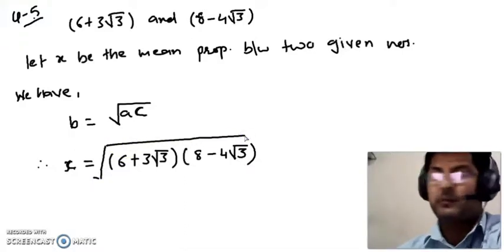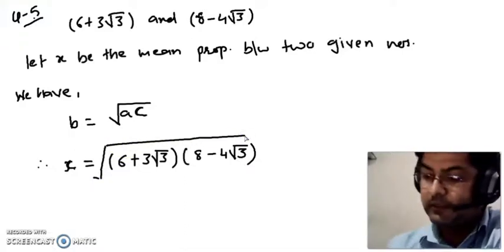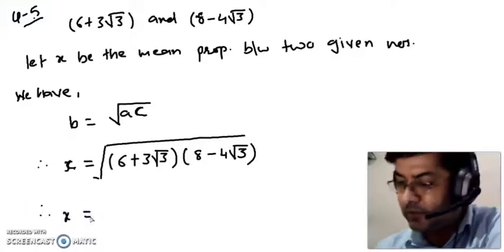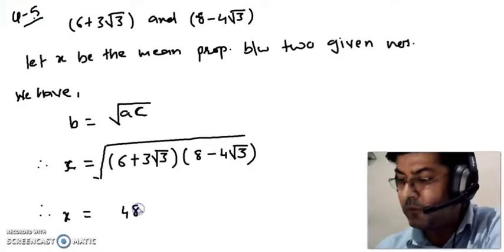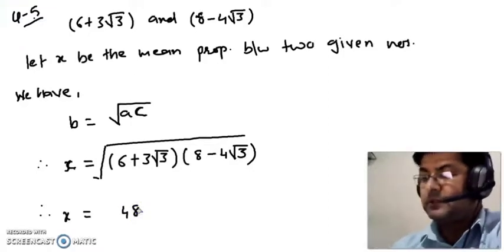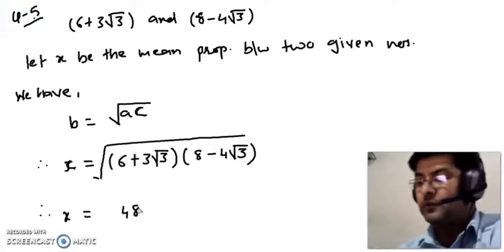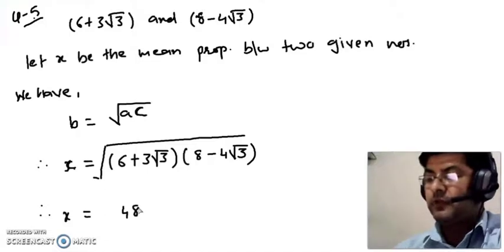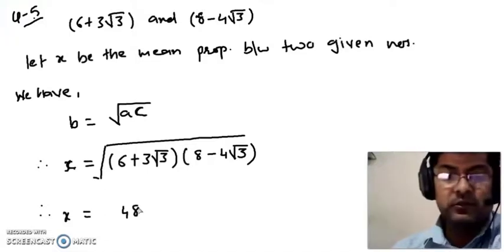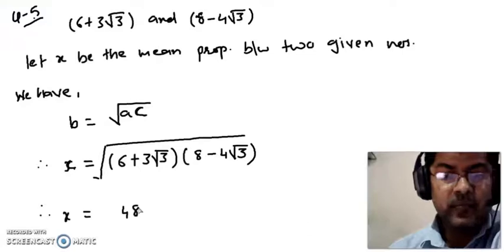Now we can multiply the two brackets, and therefore x is equal to, 8 sixes are 48, minus 6 fours are 24 root 3, plus 8 threes are 24 root 3. So the two terms will get cancelled.